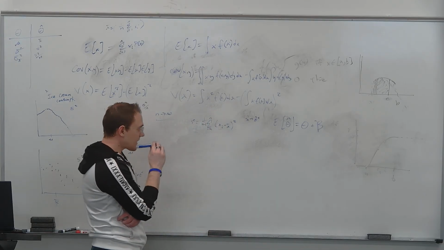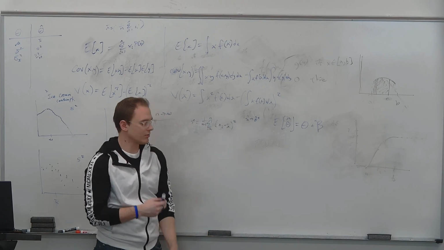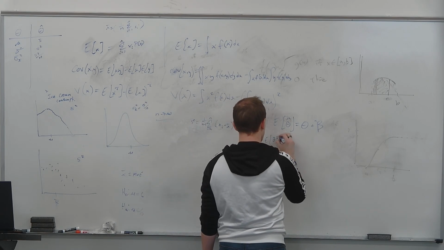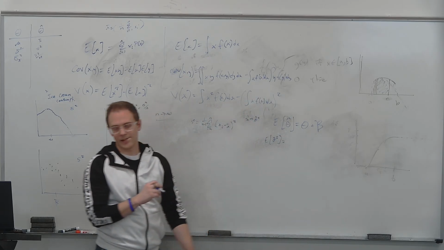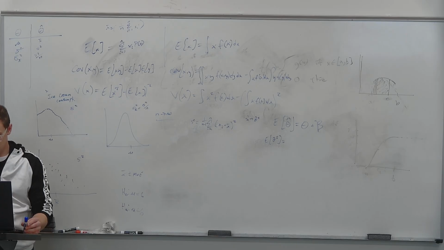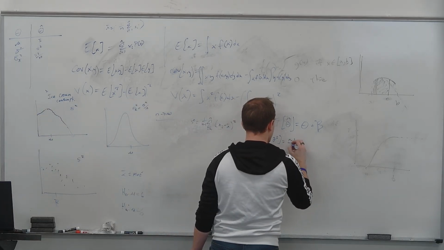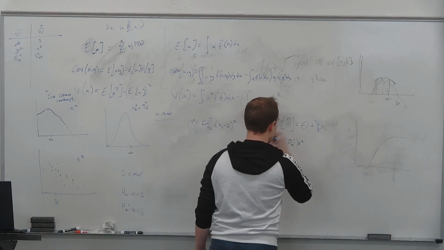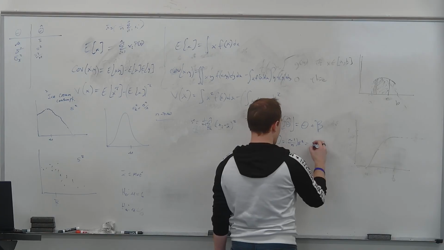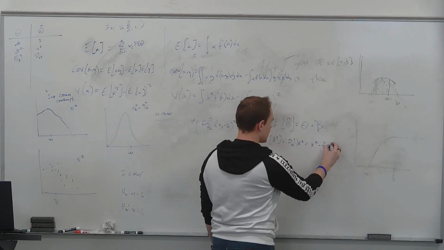And in this particular case, we know that sigma hat squared is actually biased. The expected value of sigma hat squared is, I think, n minus 1 over n times sigma squared, which, if we multiply that out, gives us n over n sigma squared, which is sigma squared, minus 1 over n sigma squared.